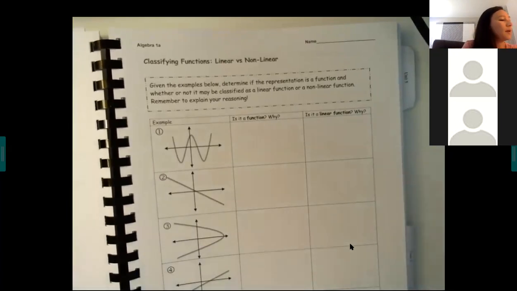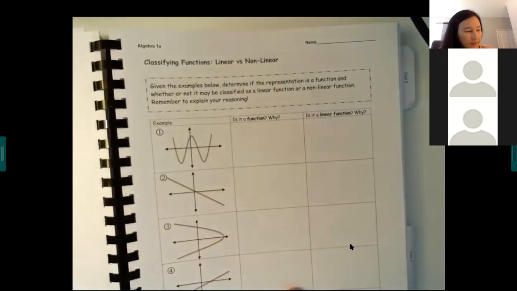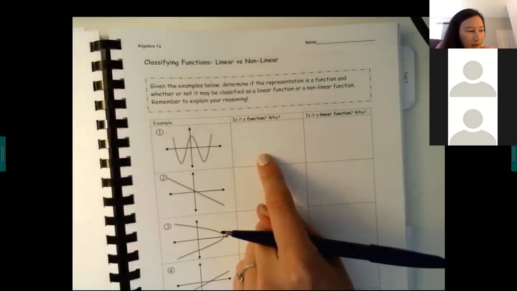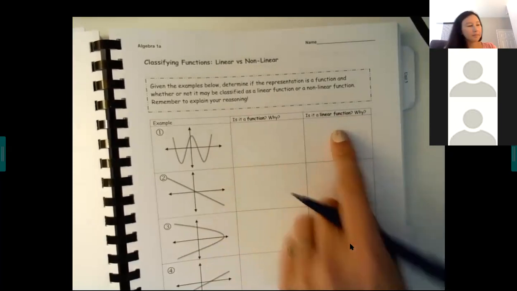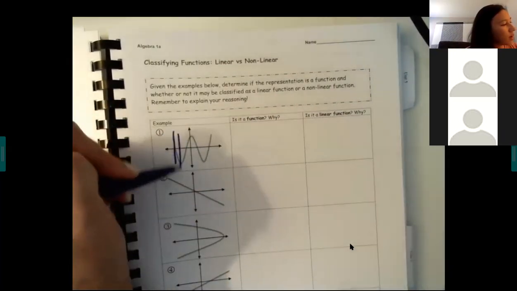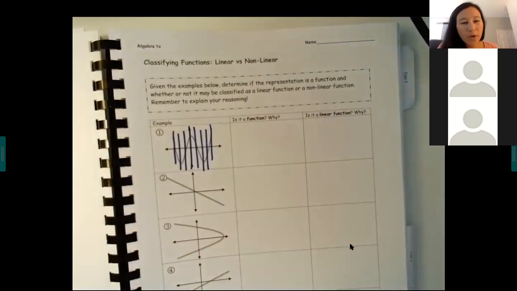So let's go to this table. This table kind of puts together everything we've done today. So first we're going to determine if it is a function. So is it a function, meaning does each input have only one output? And then is it a linear function? So is it a straight line? All right, so number 1, if I draw vertical lines, I don't see anywhere that it crosses more than once.